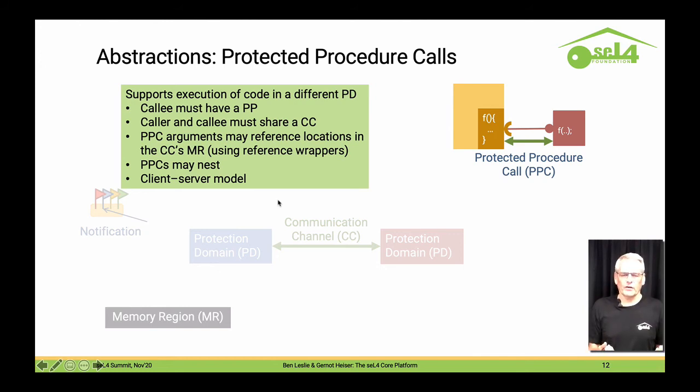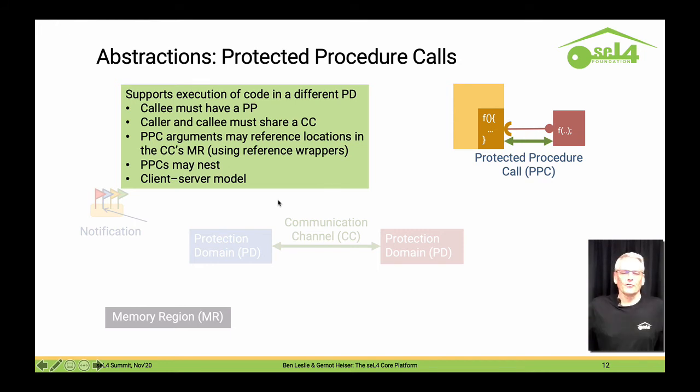You need to protect them by wrappers to make sure that the addresses are correct. Again, this is something that the platform should be able to enforce, eventually at least. You can have nested protected procedure calls, so PD1 may call PD2, which in turn calls PD3. That's totally valid.